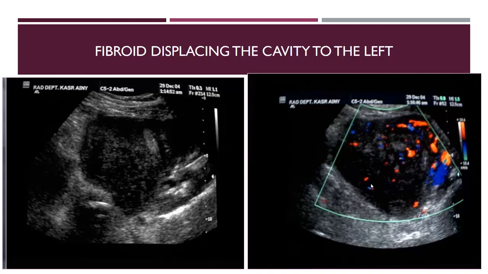There may also be intravasation if there is previous operative resection or something like that. So this is just a fibroid displacing the cavity to the left.